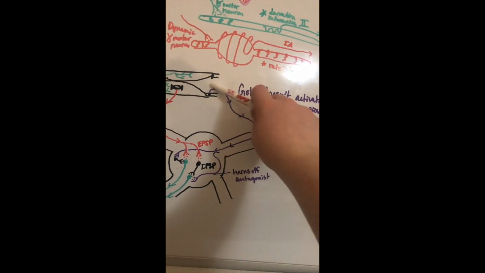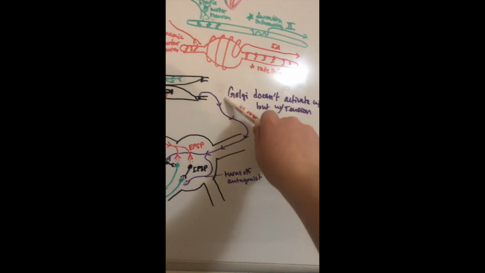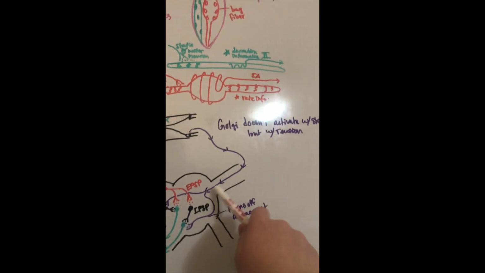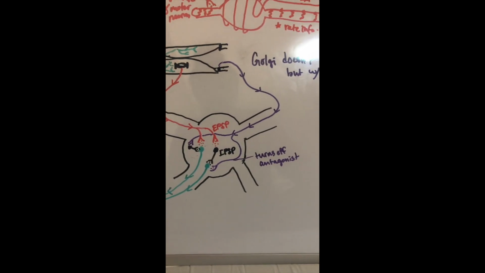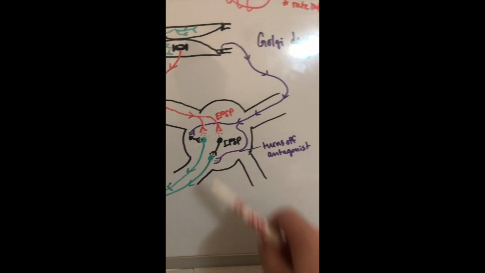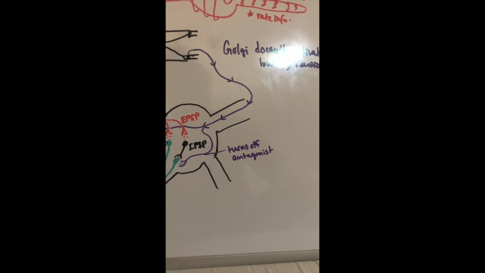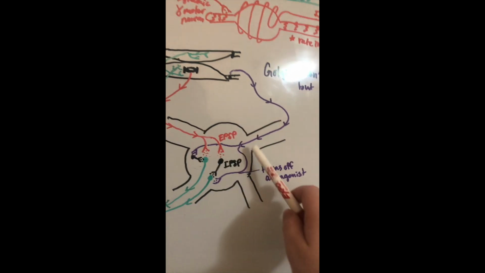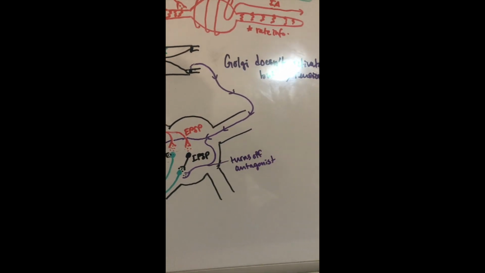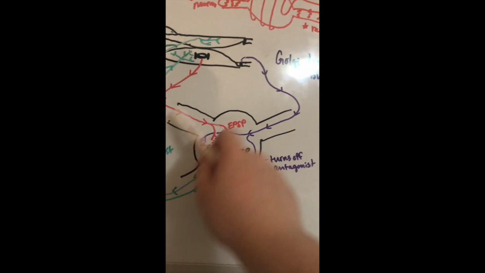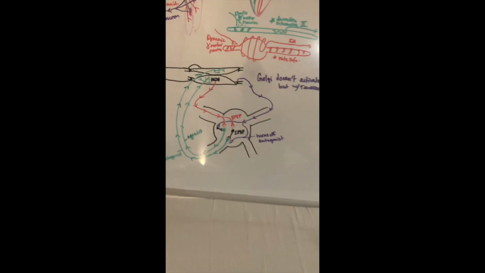That lets you know, hey, we're a little too overstretched. And there are two different pathways that it's going to affect. For the antagonist muscle, it's going to come down here and turn off the antagonist. Whereas with our agonist muscle, it's going to come in here with an inhibitory postsynaptic potential and affect that agonist muscle.